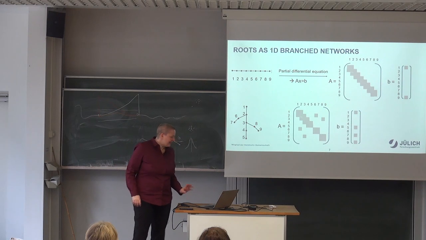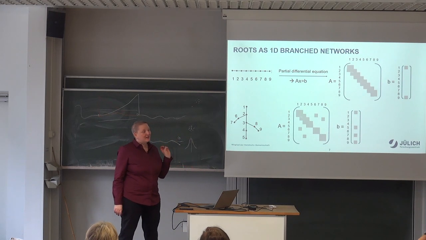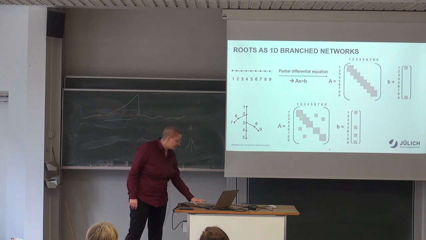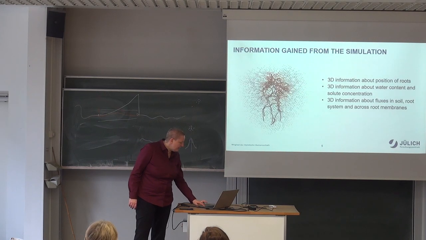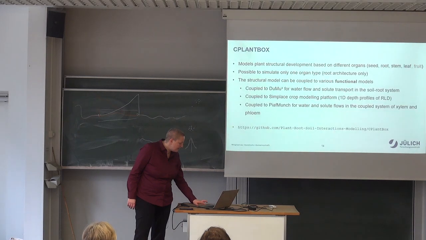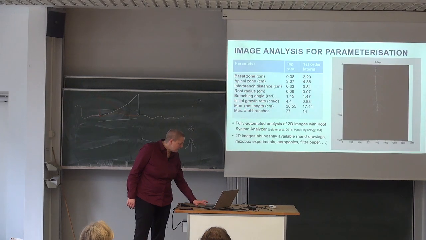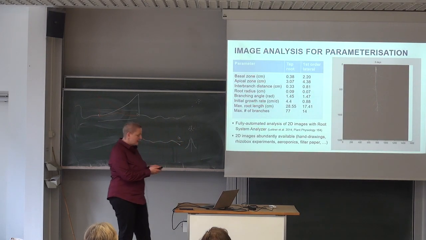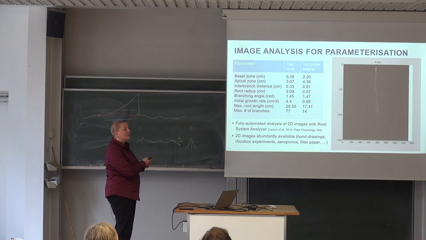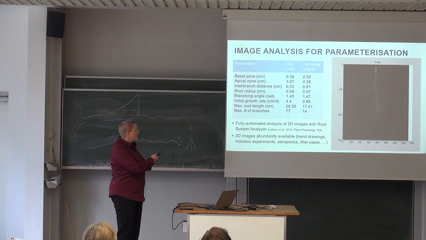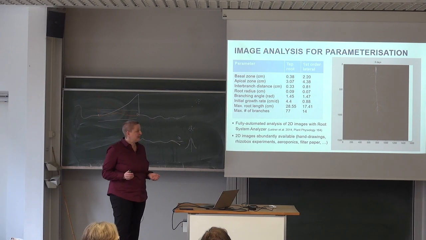Okay, so I showed you the data we need, the model parameters. For the root architecture, if we look at that again, this is a list of model parameters we need to run the model. And these values have to come from some kind of data, right?